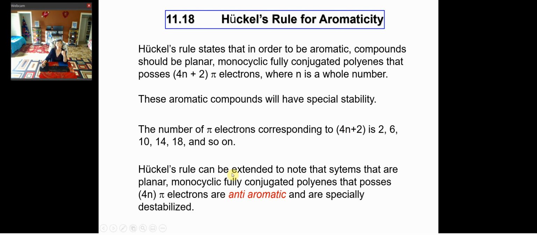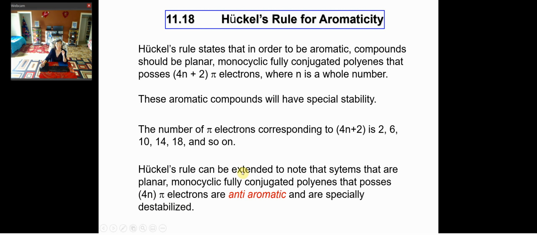This rule is called the extended Huckel's rule. The extended Huckel's rule applies when the system is planar, monocyclic, a fully conjugated polyene, but possesses only 4n pi electrons.